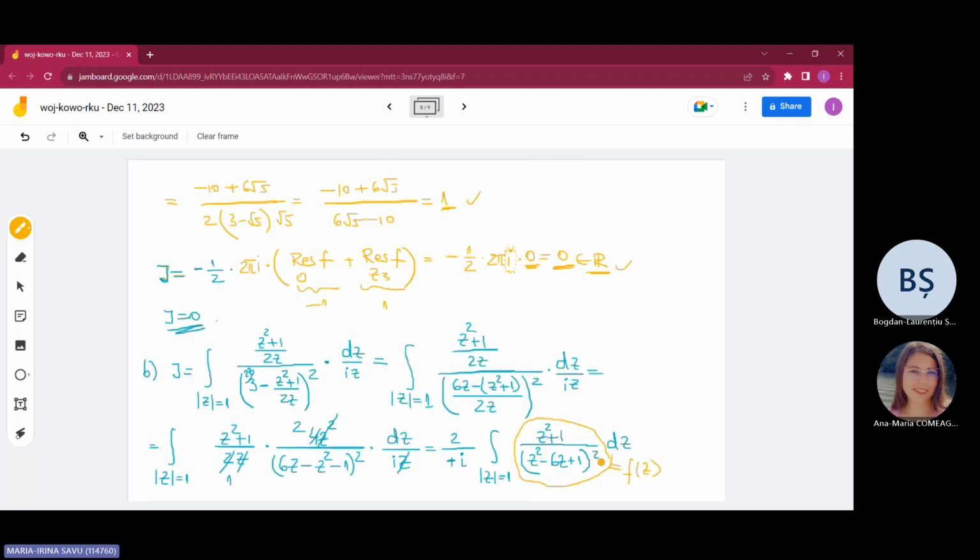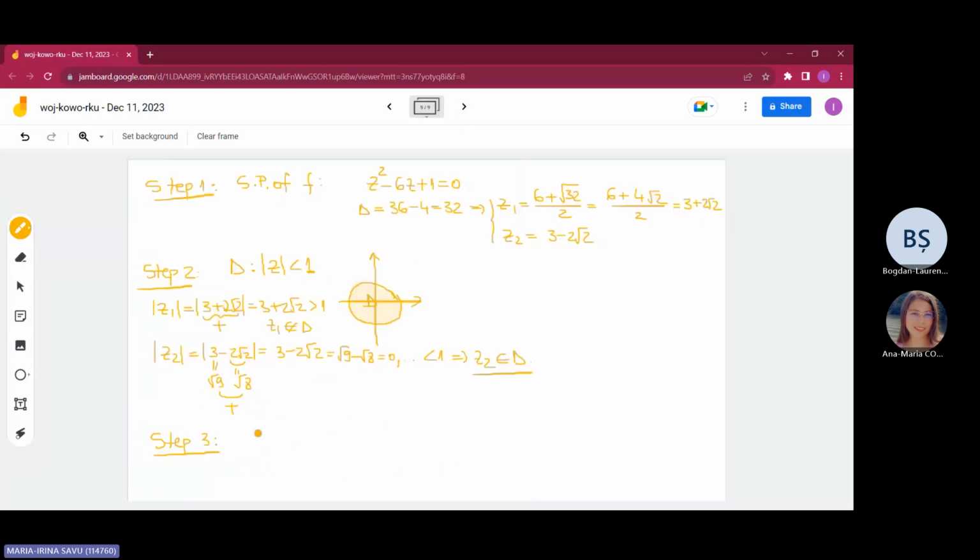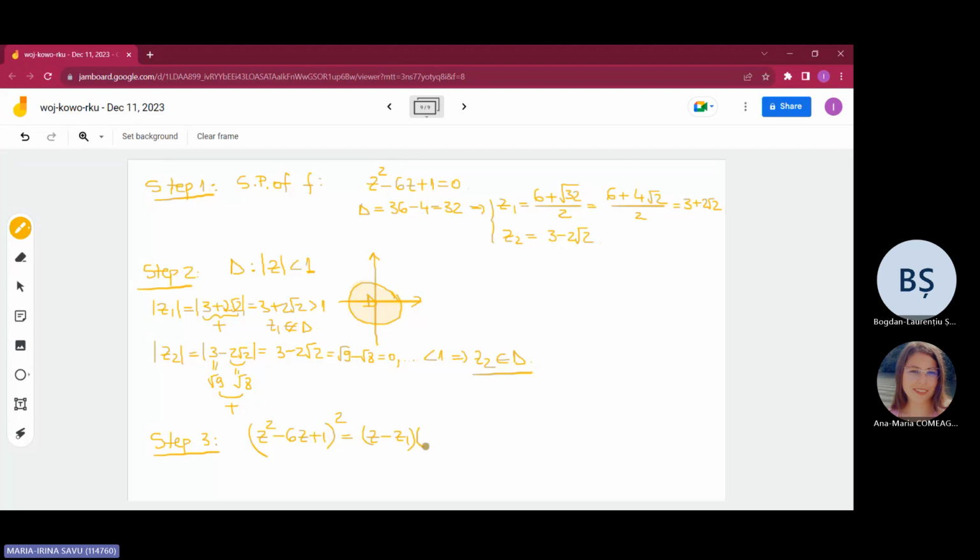Take the square, yes, because z squared minus 6z plus 1 squared is z minus z1 times z minus z2, all squared.